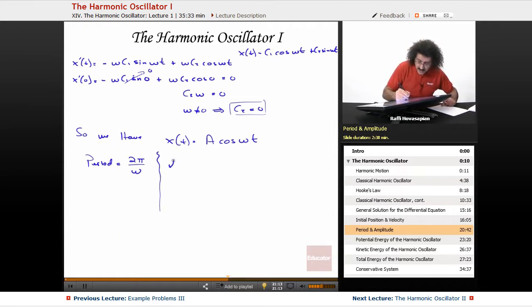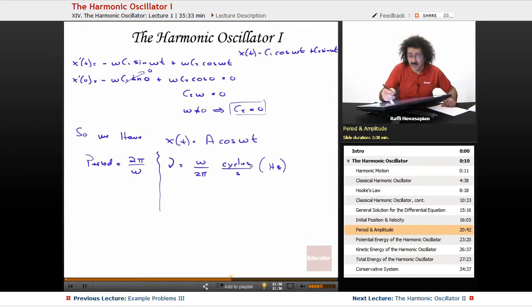The frequency of the oscillation is equal to the omega over 2 pi. It's the reciprocal of the period. And it's in cycles per second, otherwise known as a hertz. We often don't include the cycles, we just put inverse second. Okay, so this is frequency.